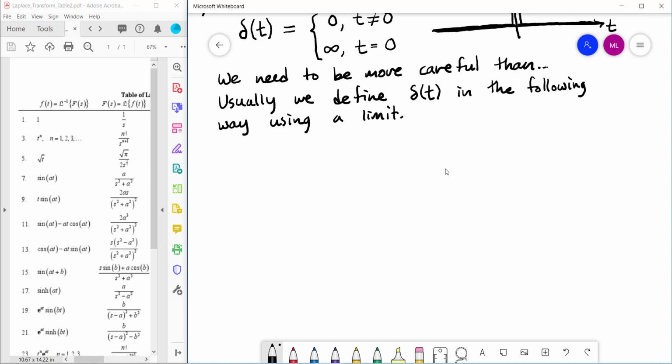What if we took a picture that looked like this? Here's our graph. Here's t, here's f of t, the height, and I want to define it in this shape. This is our function. We're coming in along here, and then it jumps straight up.